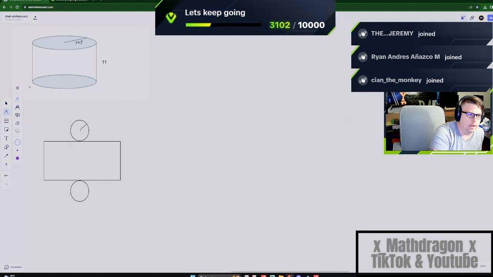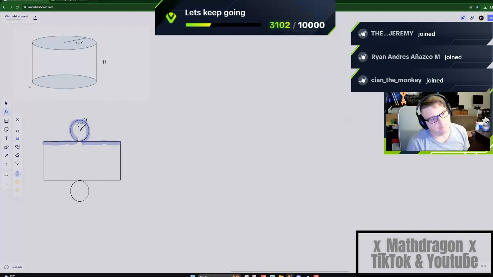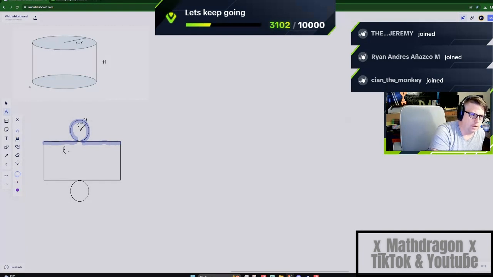Our circle has a radius that is 7. And as we go around the circle, we are finding the same thing from here to here. So if we want the length of this rectangle, we actually need to find the outside of the circle.